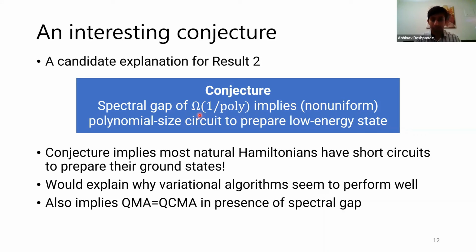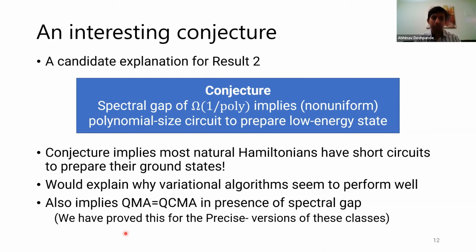And this conjecture would imply that the two classes QMA and QCMA in the presence of a spectral gap coincide. And in fact, we have proved a version of this for the case where you consider inverse exponential precision. So that adds this modifier precise to the two classes.